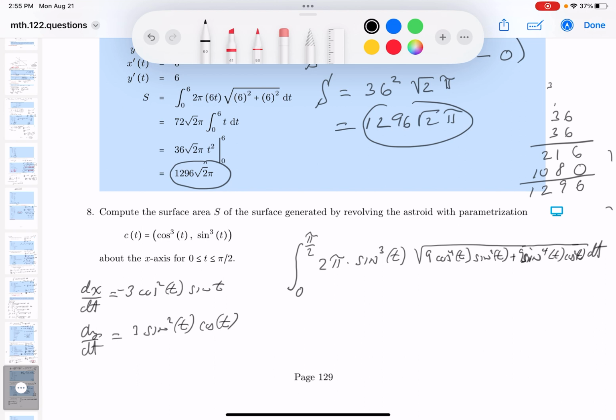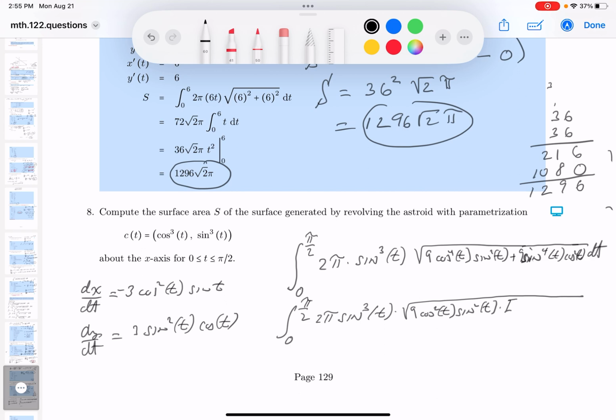And I'll write this down now as 0 to pi over 2, 2 pi. I'm going to try to make it a little bit neater. I'm going to factor it. And what do I notice here? I notice there's a 9. I notice there's going to be a cosine squared and a sine squared.